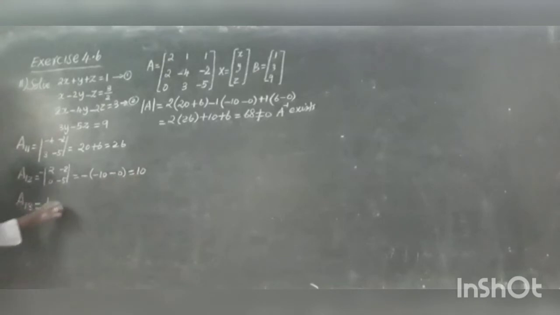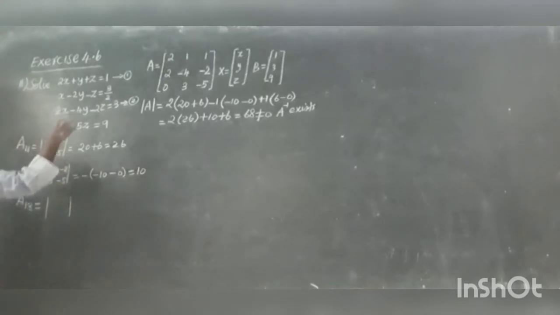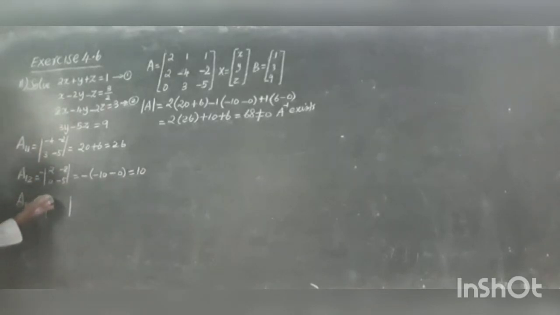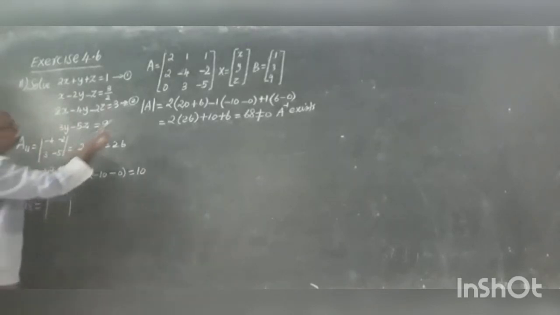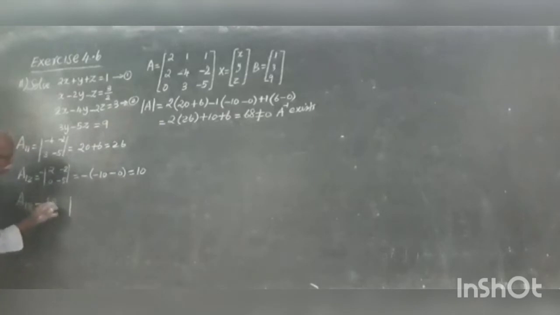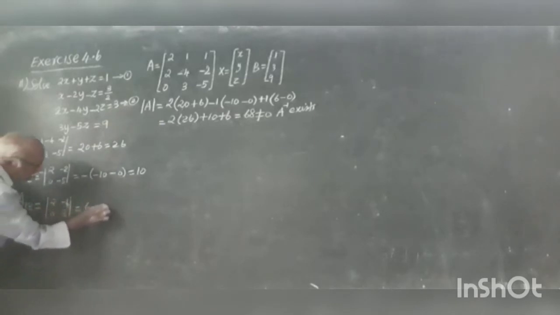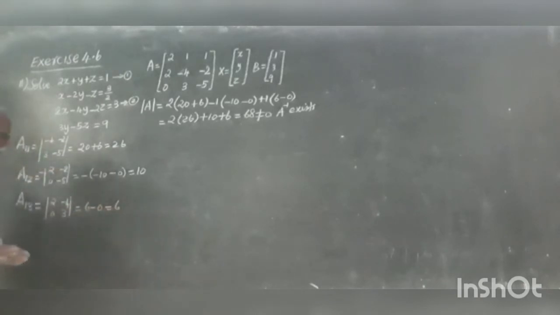A13 is the determinant of 2, minus 4, 0, 3, which is 6 minus 0, 6.